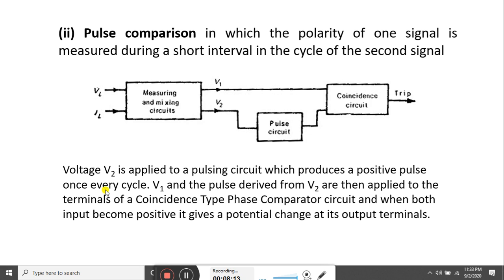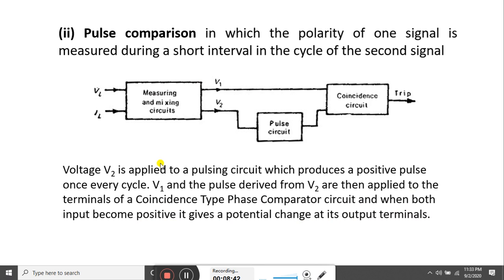The voltage V2 is applied to a pulsing circuit which produces a positive pulse once every cycle. V1 and the pulse derived from V2 are then applied to the terminals of the coincidence type phase comparator circuit, and when both inputs become positive, it gives a potential change at its output terminals.